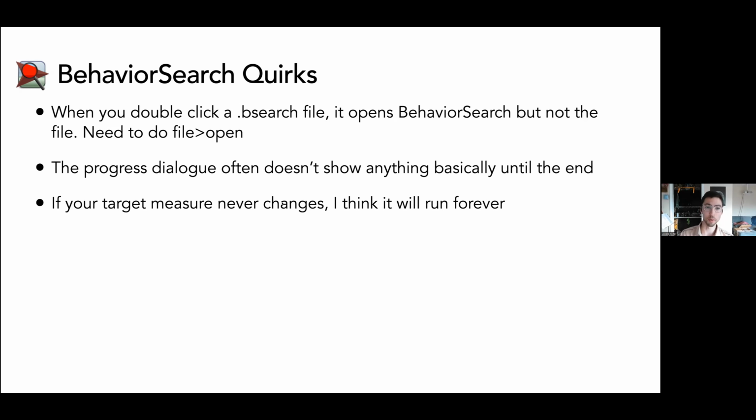I wanted to see if there were parameter settings that could lead to a stable ecosystem. And so I ran it that way, and it just kept running and never output. So I think it wasn't able to find any settings that led to a stable ecosystem. So yeah, something to be aware of. Make sure that your target will actually change over time. Otherwise, you might be waiting a long time.